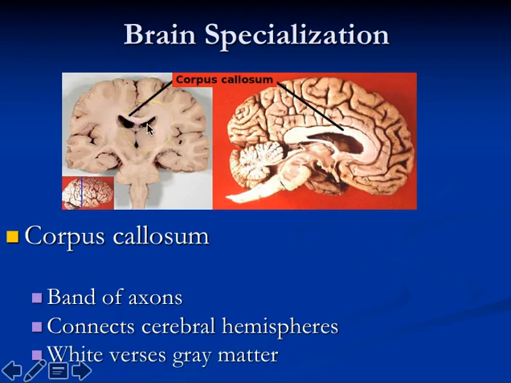Remember from before we talked about myelination and how that's a fatty substance, and that fatty substance helps speed neural transmission. And so here we're getting fast, high-speed messages sent across from here across to the other hemisphere.